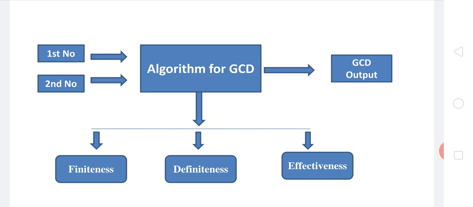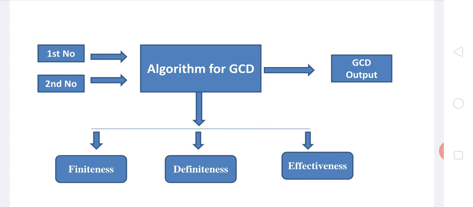If r, the remainder, is 0, then directly go to the printing statement and print the value of y. Otherwise, assign the y value to x, then assign the r value to y. Then go back to x divided by y.